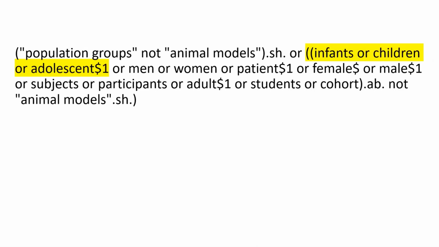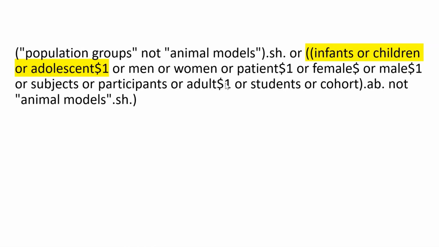I will tell you that having the truncation here and only extended by 1 is all quite purposeful, because, for instance, if you only truncated adult and let it run on to any length, then you will probably, because we're dealing with food, get results about adulteration.